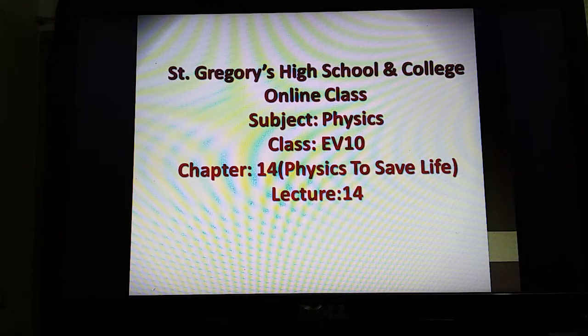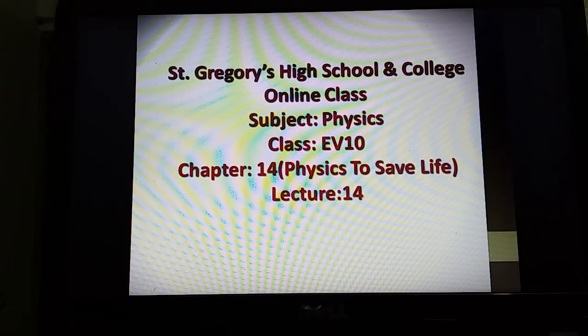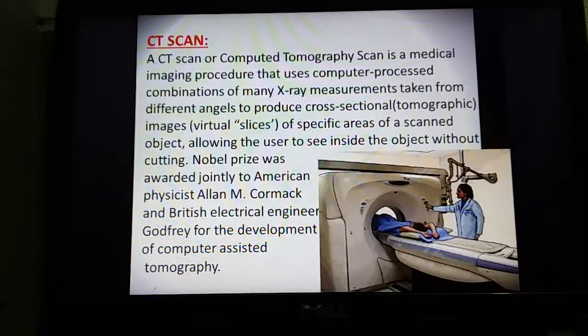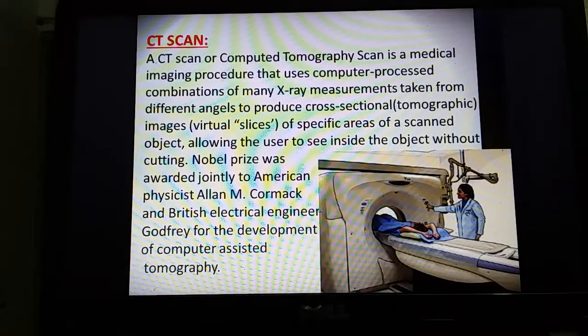We are just reviewing chapter 14 from my previous class. We had a discussion on the different kinds of diagnosis instruments from this chapter, and as diagnosis instruments we had discussed the X-ray machine, and at the same time we had a discussion about the ultrasonography machine.